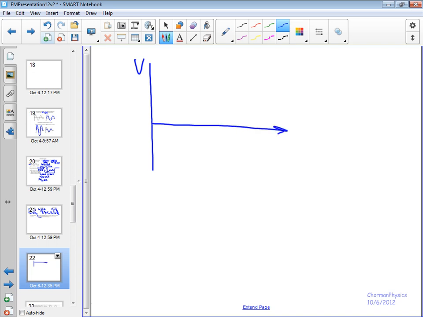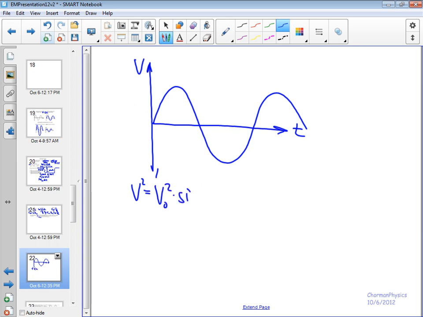Another way to look at this is if you have V versus t. We have a little sine curve here. If we squared V, V naught squared times sine squared omega t is what that would look like.